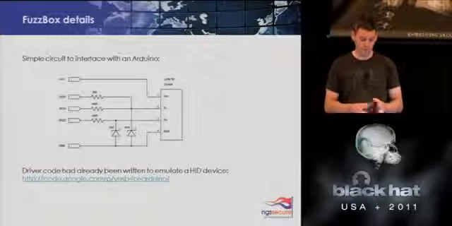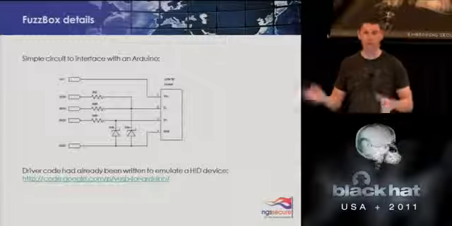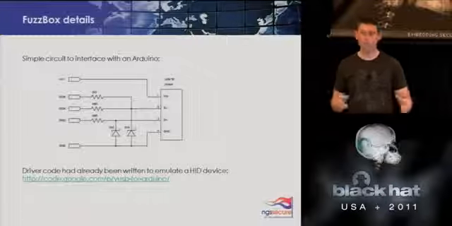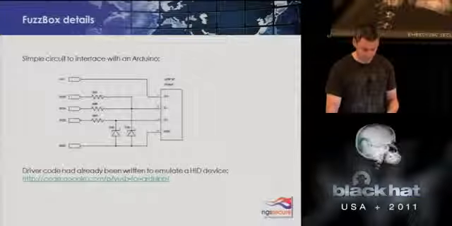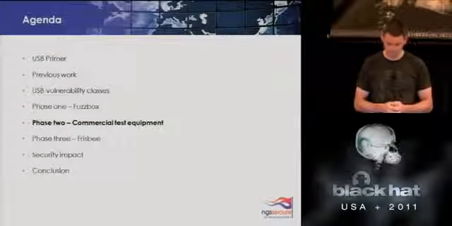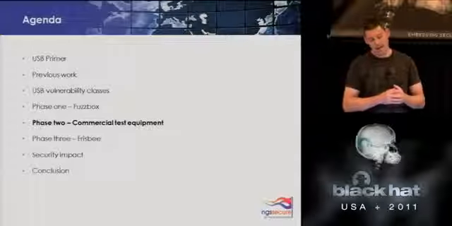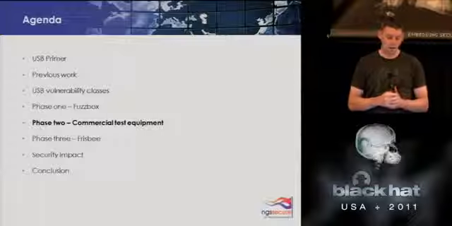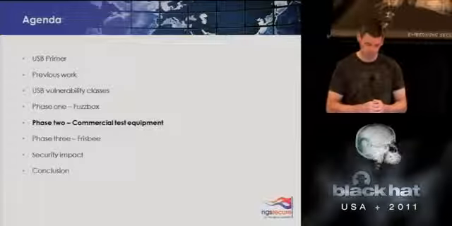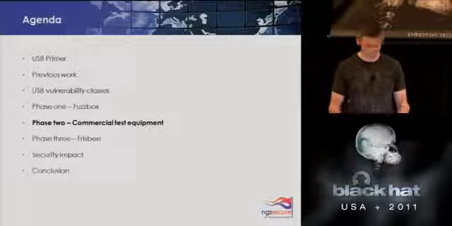And then the code that's freely available to download will interface with that. Then I applied my fuzzing principles to the code within the driver. As I said, it wasn't really a long-term solution, Fuzzbox. It just got me into the frame of mind of what I could do with USB.